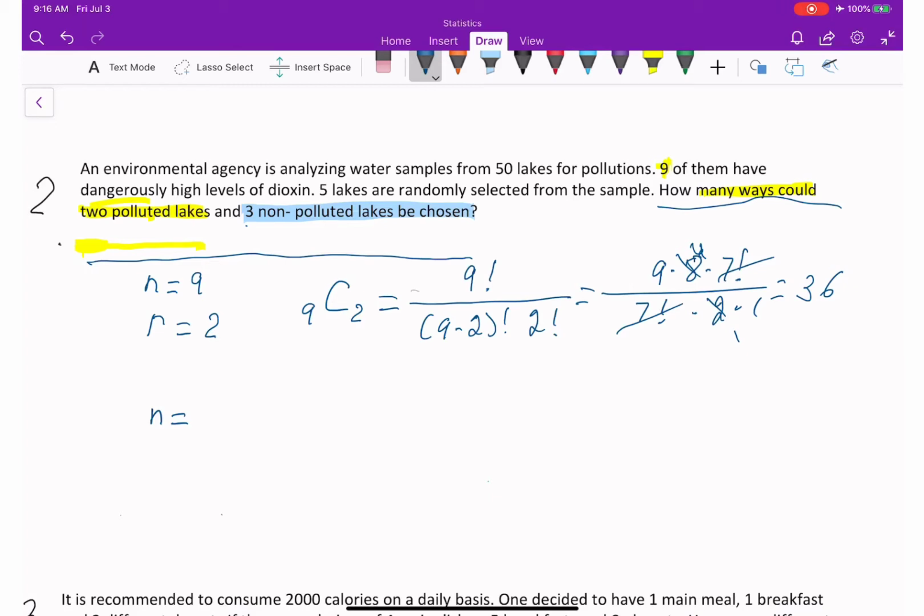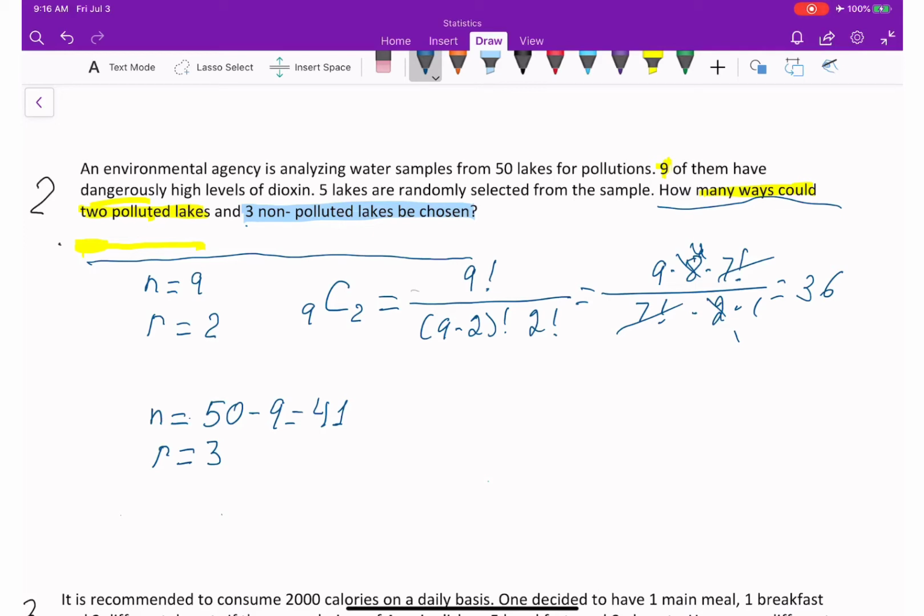So total we have 50. And we know that 9 of them are polluted. So 41 are non-polluted. Our n is going to be 41. Our r, guess how much it is going to be? Yes, of course, it's going to be 3.